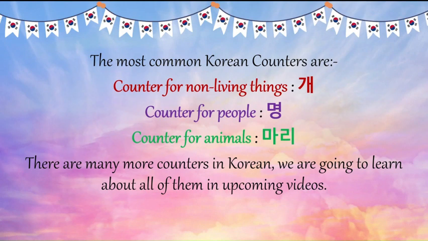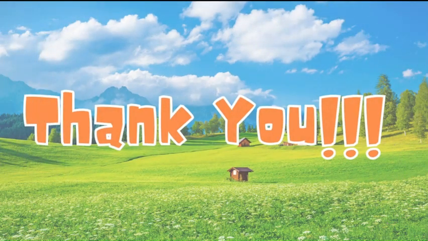I'm going to take examples, frame sentences and explain the meaning of each and every counter. So this was all about counters in the Korean language. It was an introduction, and now we are going to talk about each counter individually.